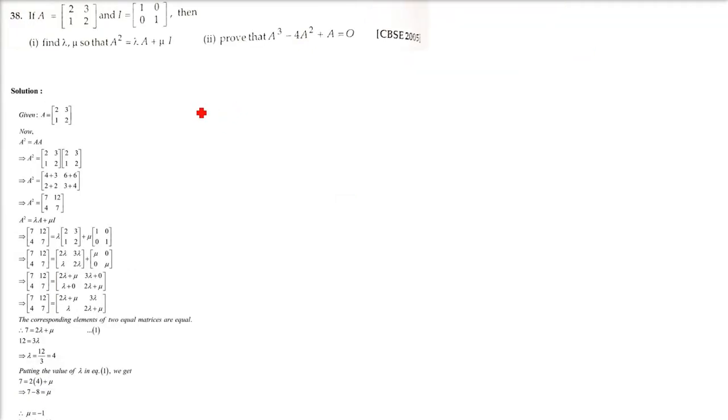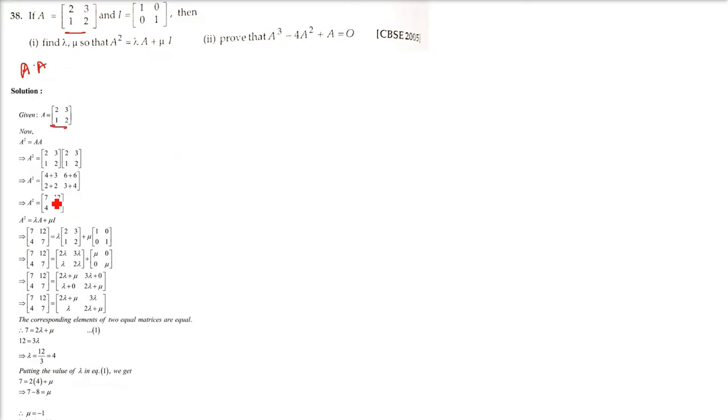Now this is A equals this, I is this. Find lambda and mu so that A square equals lambda A plus mu I. This one: A cube minus 4A square plus A equals 0. Okay, the first one I am doing. A square equals lambda A plus mu I. So for A square, I hope you'll be able to do A dot A, just multiply this matrix with the same matrix.